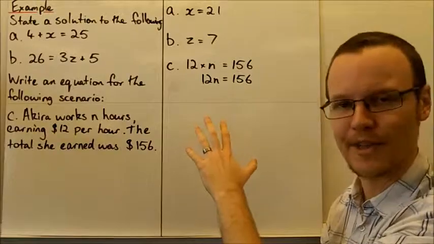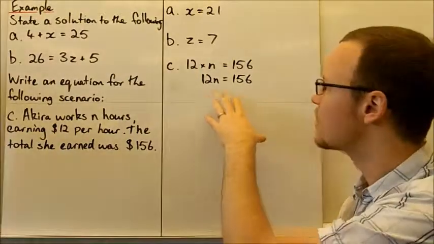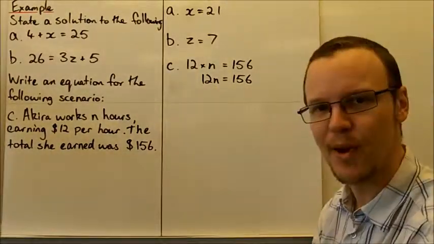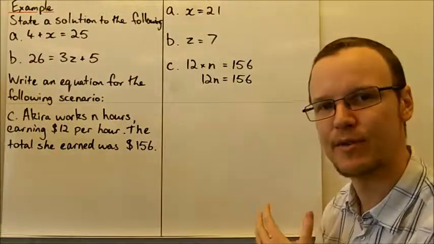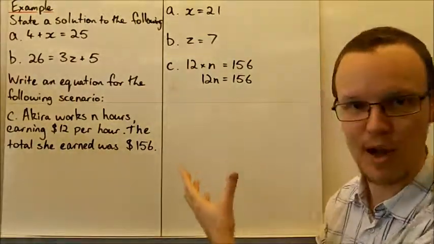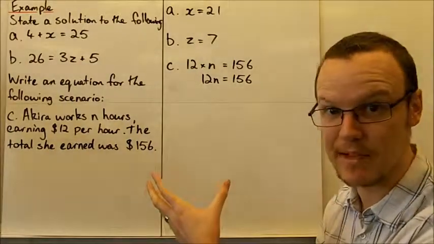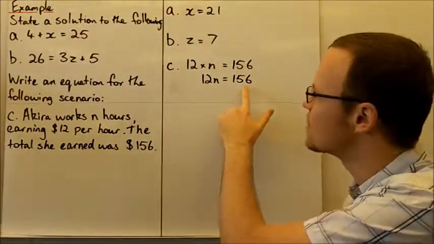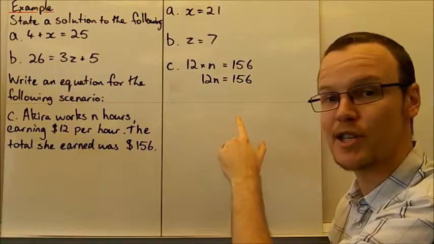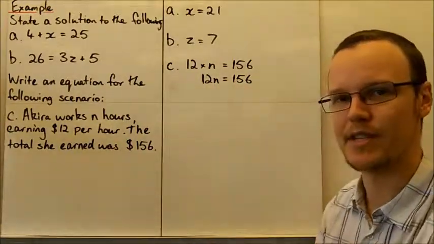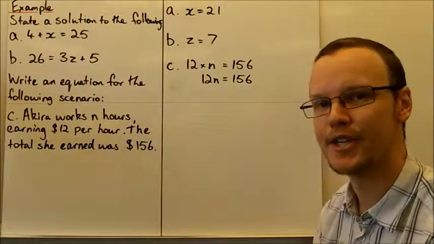We could try to find a solution that makes it true, what multiplied by 12 is equal to 156. 12 times 12 is 144, so it's bigger than 12. 12 times 13, however, is 156. So she must have worked 13 hours.